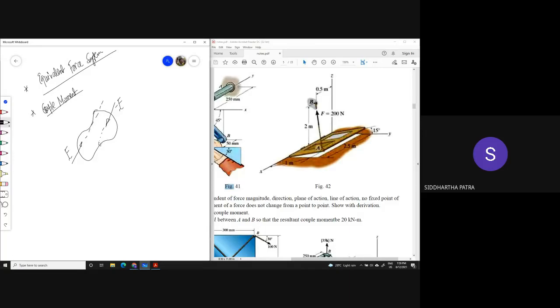We know what would happen if they were to act along the same line. The equivalent of that would be having no force at all, because we are talking about rigid bodies.